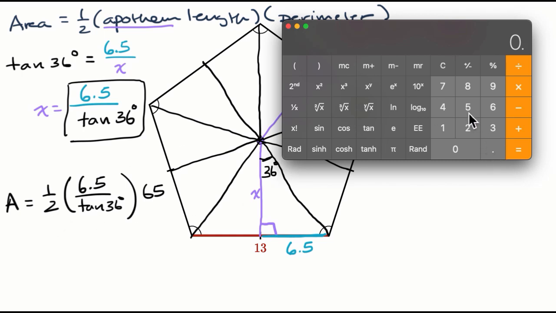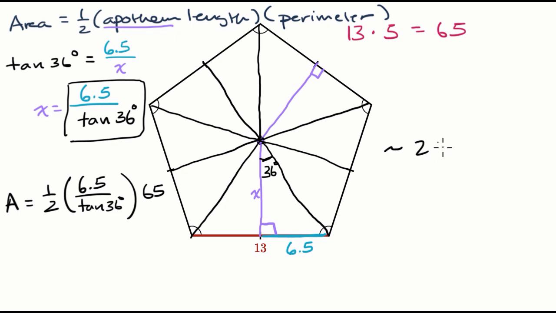So if I have 1/2, 0.5, times 65, times 6.5, divided by 36 degrees tangent, is equal to 290.76. So I could say that's roughly 291. Well, actually, I'll just go all the way to the hundredths place. So this is going to be approximately 290.76 square units as the area of this regular pentagon.